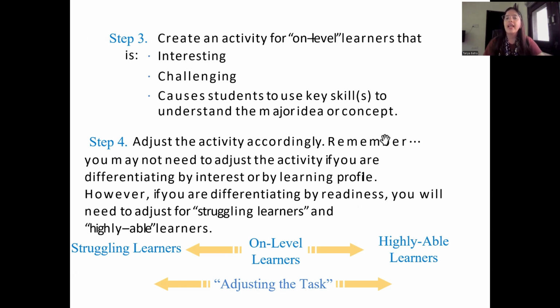Okay, so adjusting the activity accordingly. Remember, you may not need to adjust the activity if you're differentiating by interest or by the learning profile. However, if you're differentiating by readiness, you will need to adjust for struggling learners and high able learners.